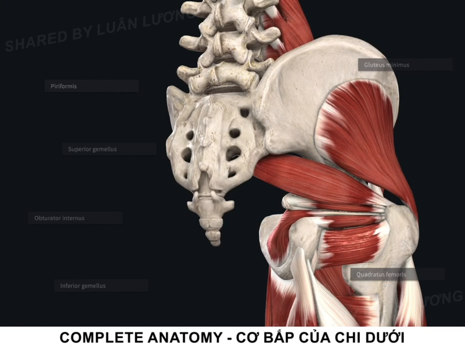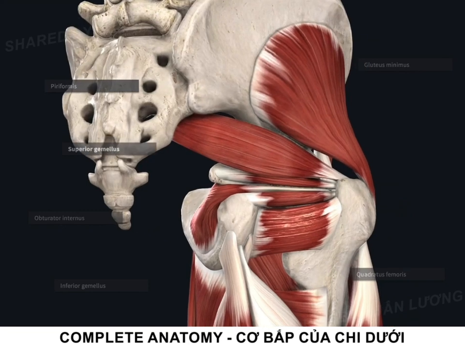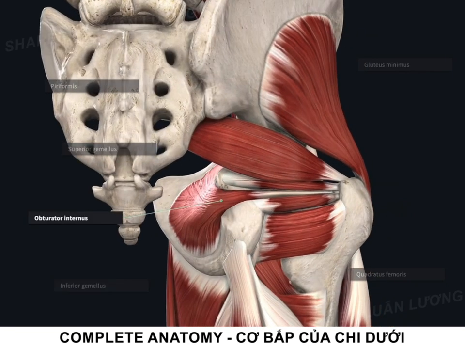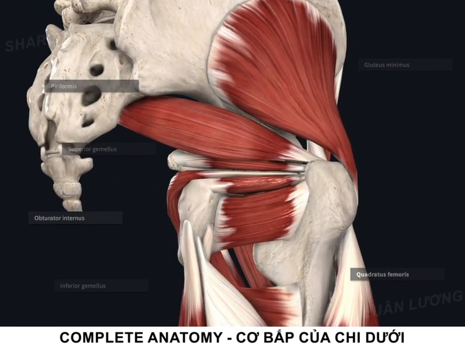These are the superior and inferior gemellus muscles, with the obturator internus snuggled between the two, and the most inferior muscle of the set, the quadratus femoris.